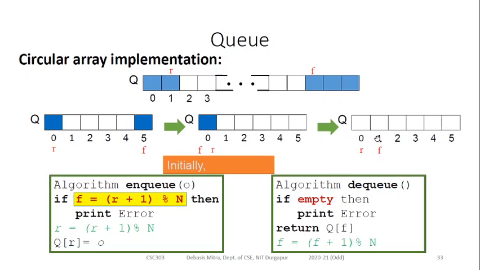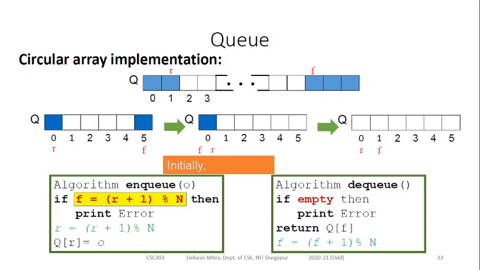But we need to think if there are some other ways that may lead to this. There are different ways from which we can come to this empty queue condition, just like we have seen in the case of full, where there are different ways of making the array full. Similarly, there may be different ways of coming to this empty position.